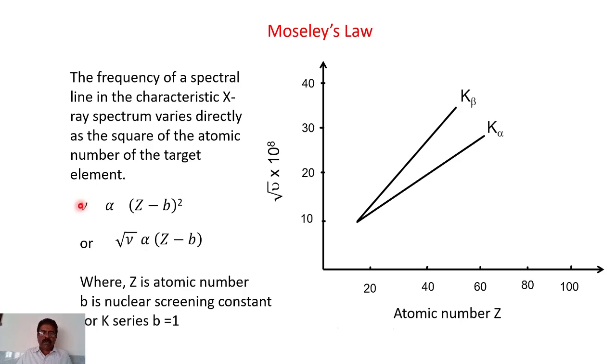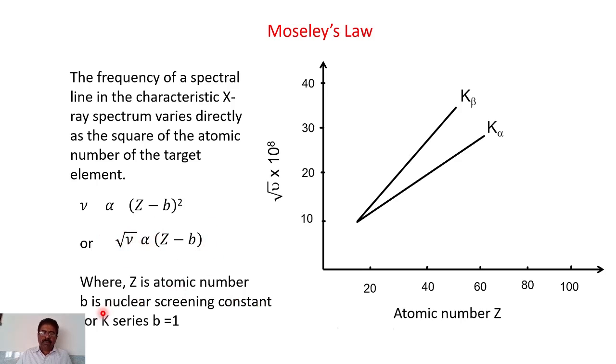Instead of writing this, you can write it in this fashion also. Square root of nu, where nu is the frequency of the characteristic X-ray photon, is directly proportional to Z minus b.